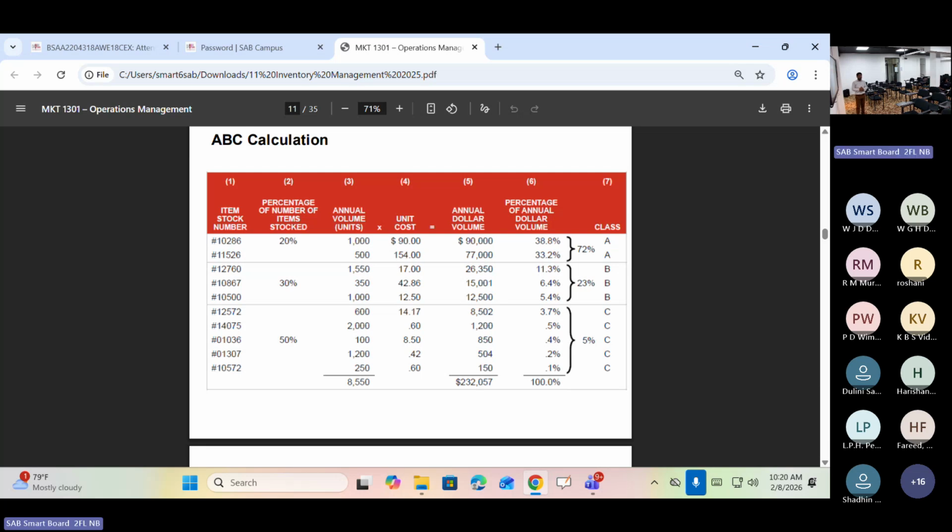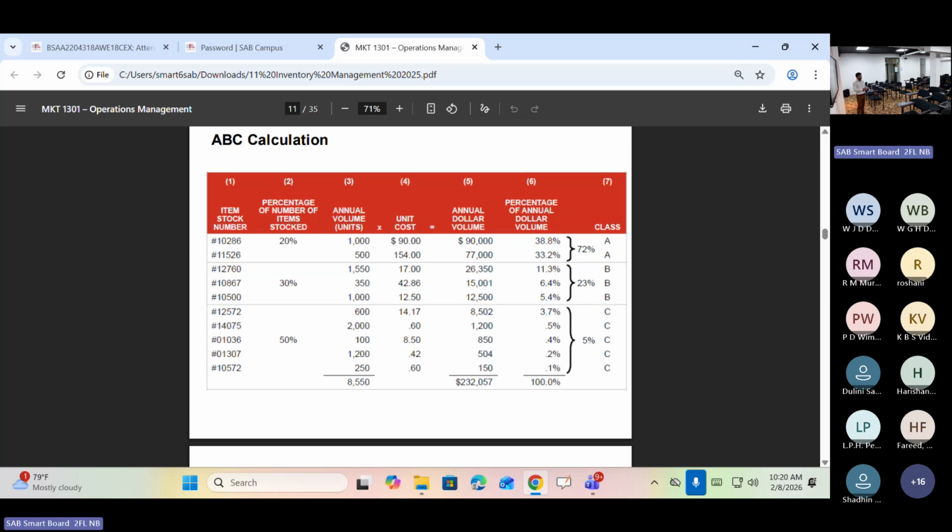What are the procedures? Strict control over the items coming under class A, somewhat lenient inventory control procedures for items coming under class B, and very basic or minimum control over items coming under C.